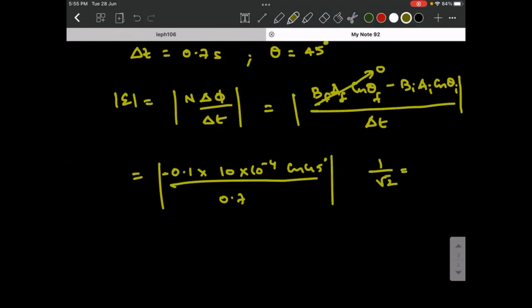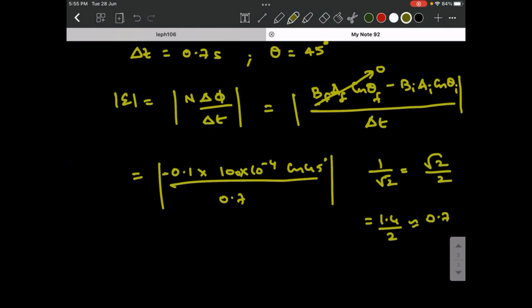So, no, I didn't solve it. Why 100? Oh, sorry. 100 into 10, correct. So 100 into 10 power minus 4. So 1 by root 2, if I rationalize it, can I write it as root 2 by 2? So root 2 is 1.4 approximately, divided by 2, which can again be approximated to 0.7.